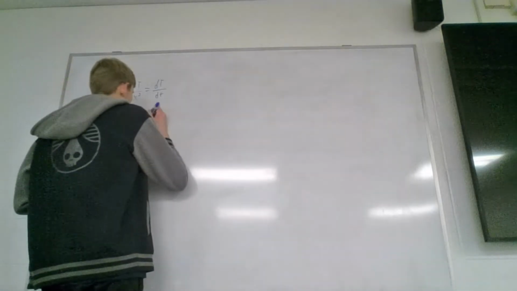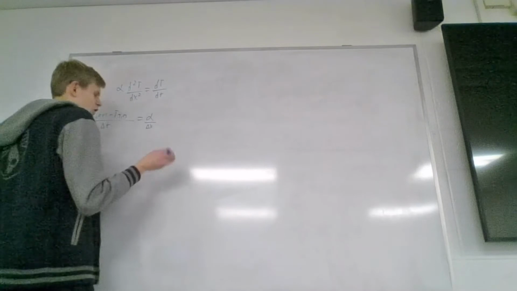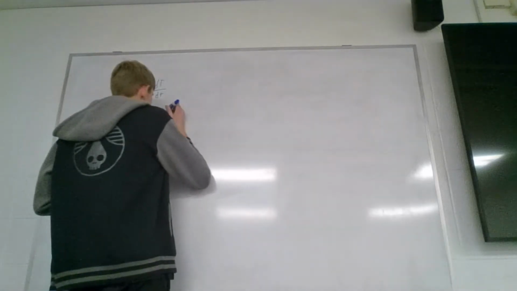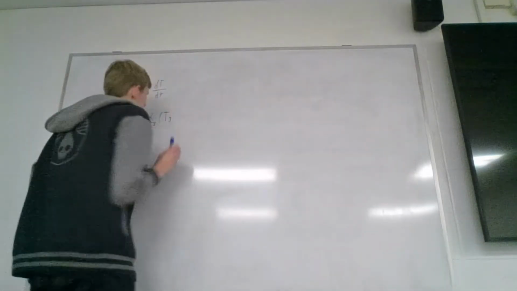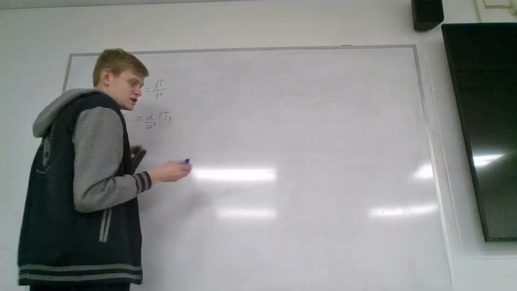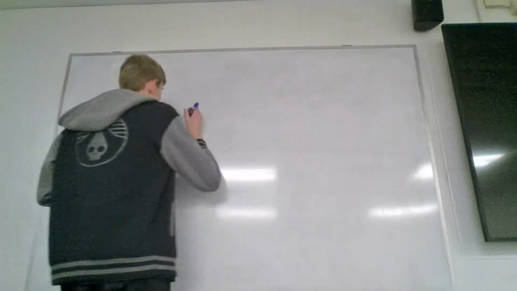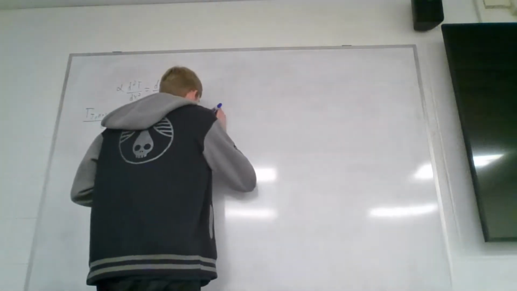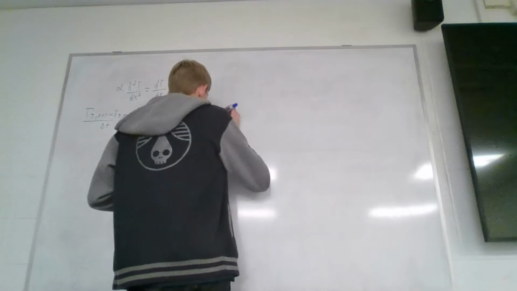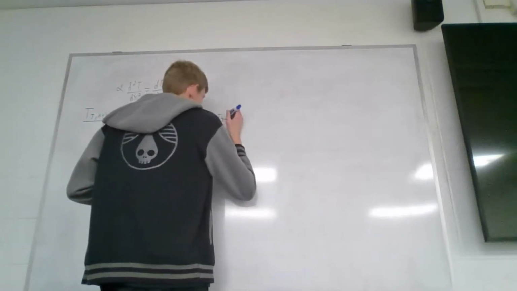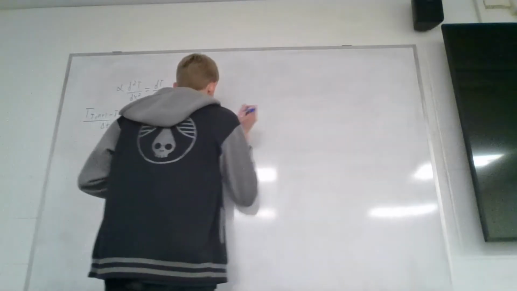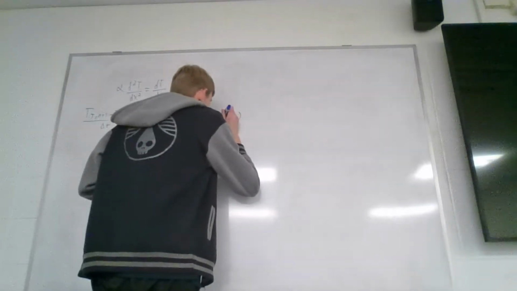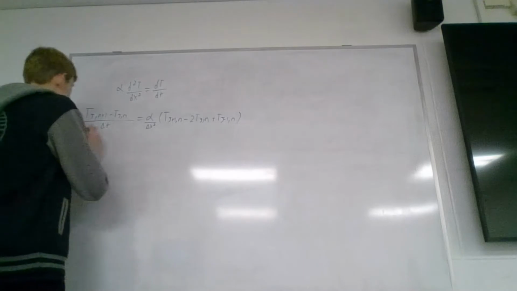It's going to be equal to our alpha value divided by our delta x squared, and then in our parentheses is going to be our temperature at position J plus 1 at time step n minus 2 times our temperature at position J at time step n plus our temperature at J minus 1 at time step n.